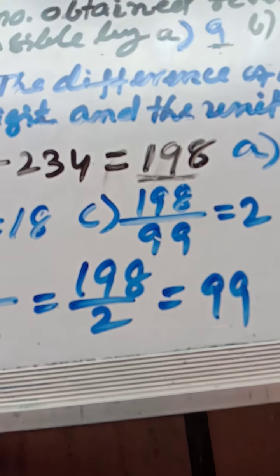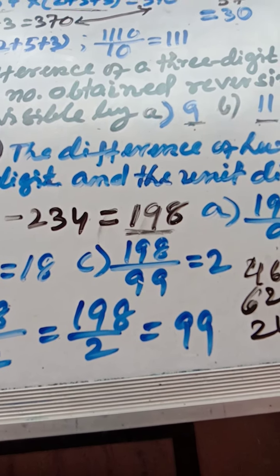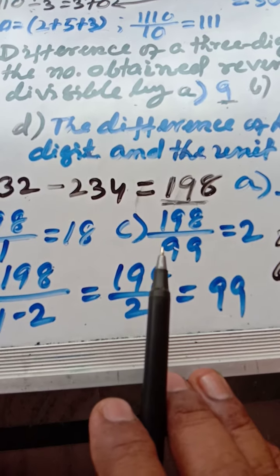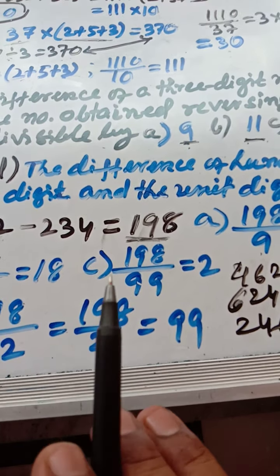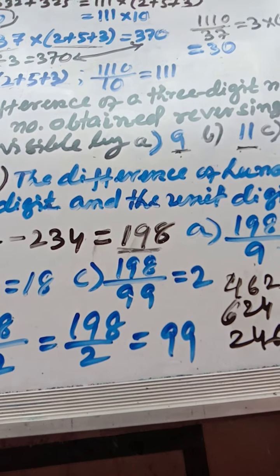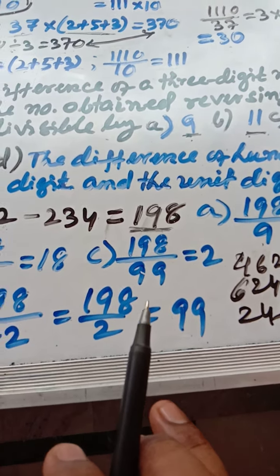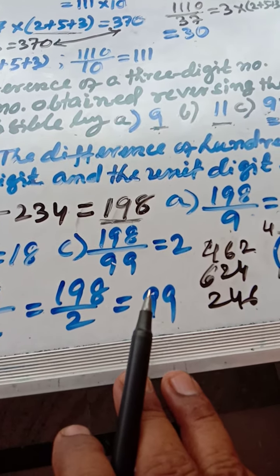I hope you have understood it. I will cover some from your exercise, and the concept will be clear. This property might be a little confusing to you. The difference of a three-digit number and the number obtained by swapping the unit place and the 100s place, reversing the digits, is always divisible by 9.